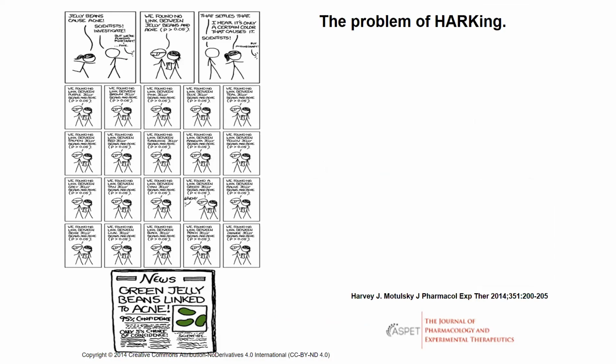In the jelly bean example, they first tested an overall hypothesis, jelly beans cause acne, and they found that p was greater than 0.05, so they refuted that, and then somebody said, oh, it's the different colors of jelly beans. So they tested all 20 colors, and they found only green jelly beans are linked with acne, and they failed to report all the other colors that weren't associated, and they only reported that green jelly beans were linked with acne.